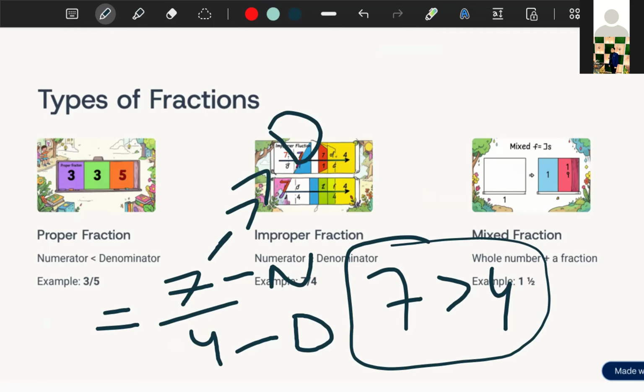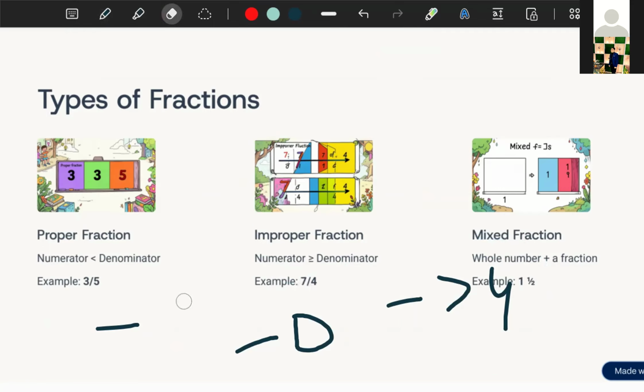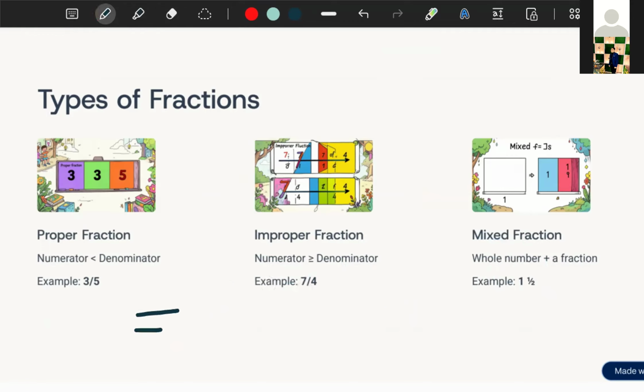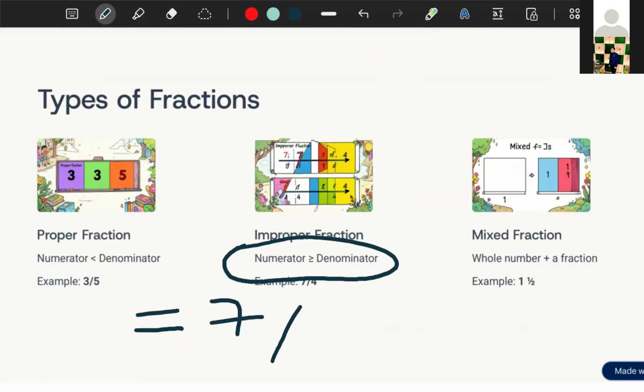But there is one more catch: this is not the only condition of an improper fraction. An improper fraction has two conditions. The numerator is greater than the denominator, just the opposite of the proper fraction. But if the numerator and denominator are the same, then also it is an improper fraction. The numerator must be greater than or equal to the denominator.